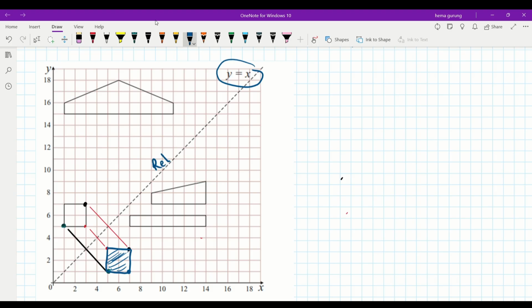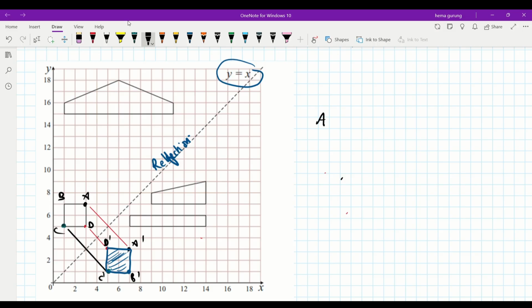So this is the reflection of the objects about a line y equals x. Let's name the sides. Let's say this one is A, B, C and D. This one is A dash, B dash. My bad. This one should be D dash, C dash and B dash.